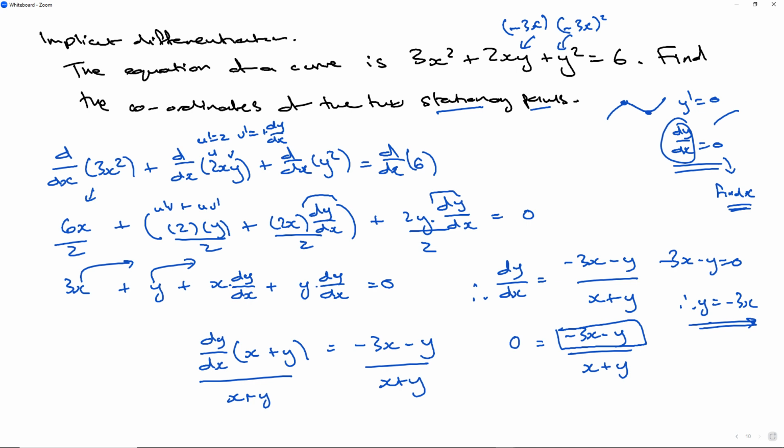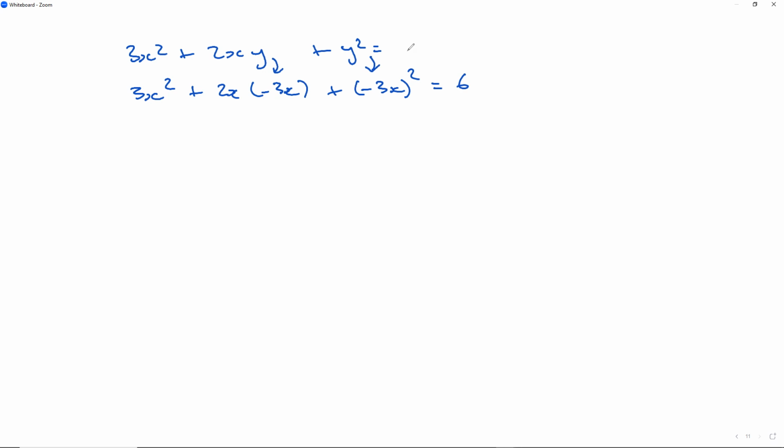Okay, so let's have a look at that. I've got 3x squared plus 2x multiplied by negative 3x plus negative 3x whole squared equals 6, because this came from the original function 2xy plus y squared equals 6.